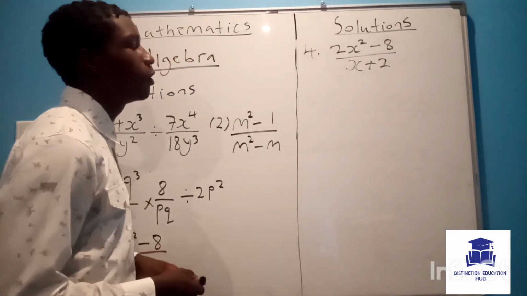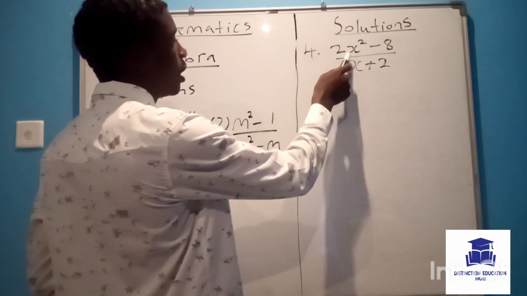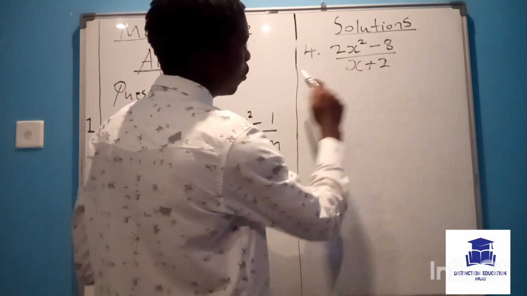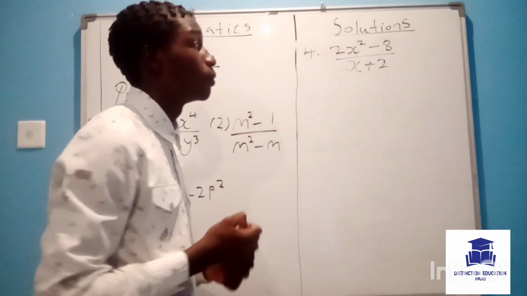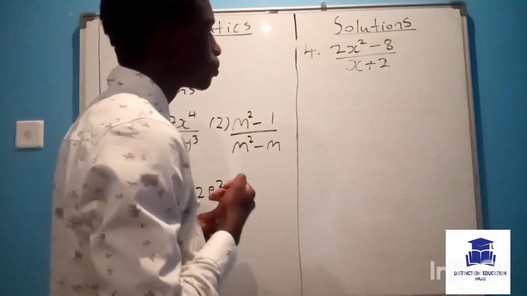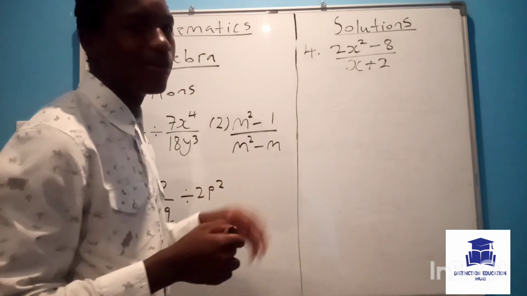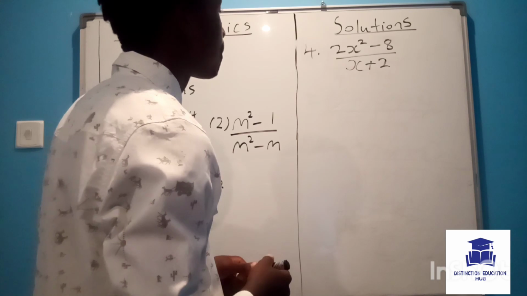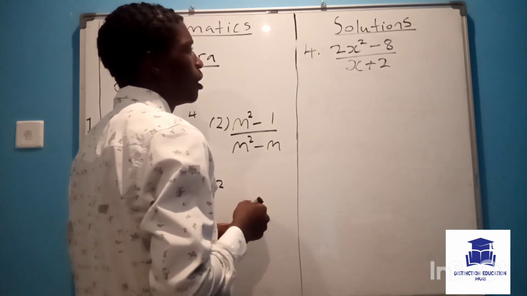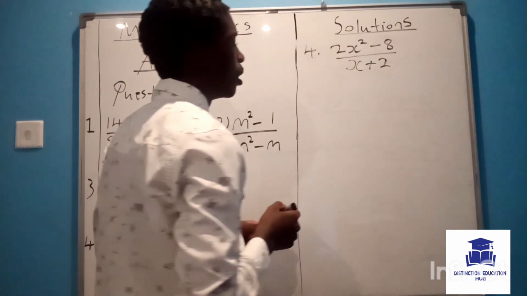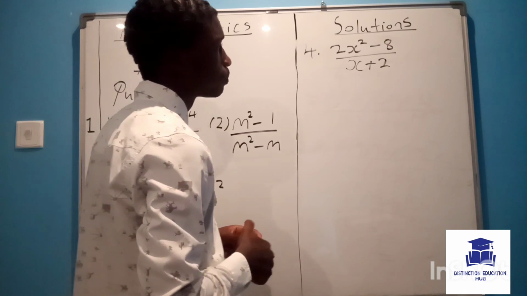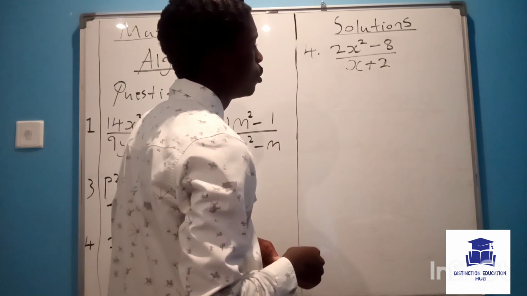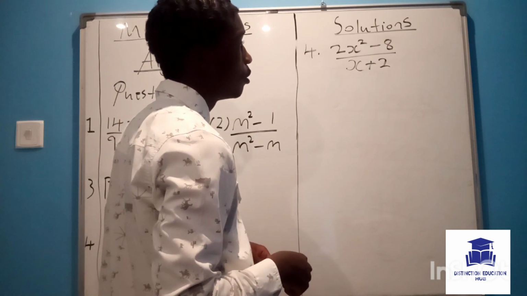Number 4, we have 2x squared minus 8 over x plus 2. This one also looks complicated, but I assure you it's easy. You can make this 8 smaller. How? 2 to the power 3.